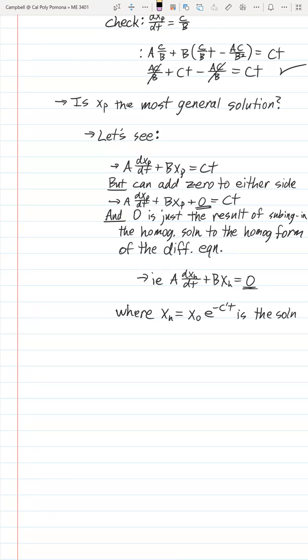So this is the solution to this homogeneous form of the ODE.